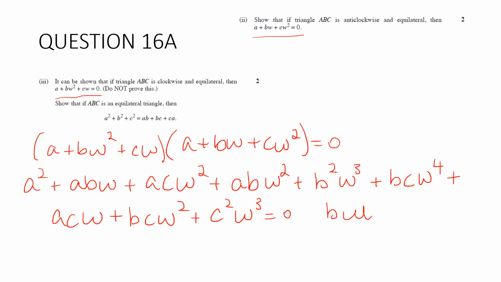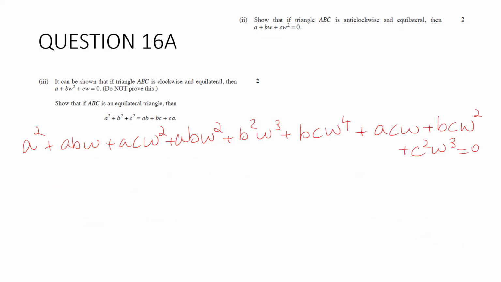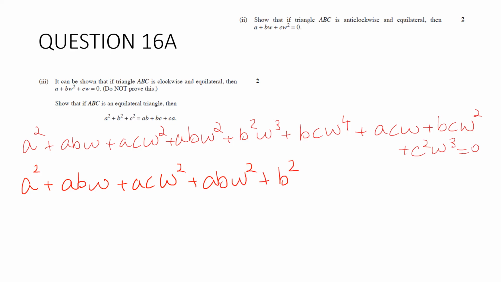But W to the power of 4 is equal to W, and W cubed is equal to 1. So that means that A squared plus ABW plus ACW squared plus ABW squared plus B squared plus BCW plus ACW plus BCW squared plus C squared is equal to 0.